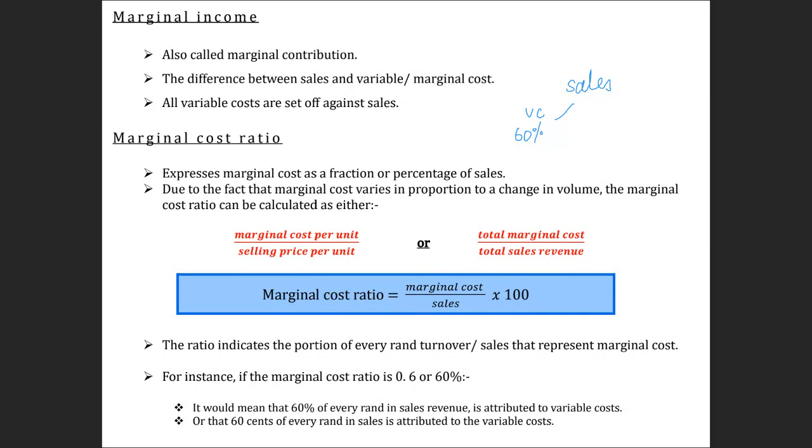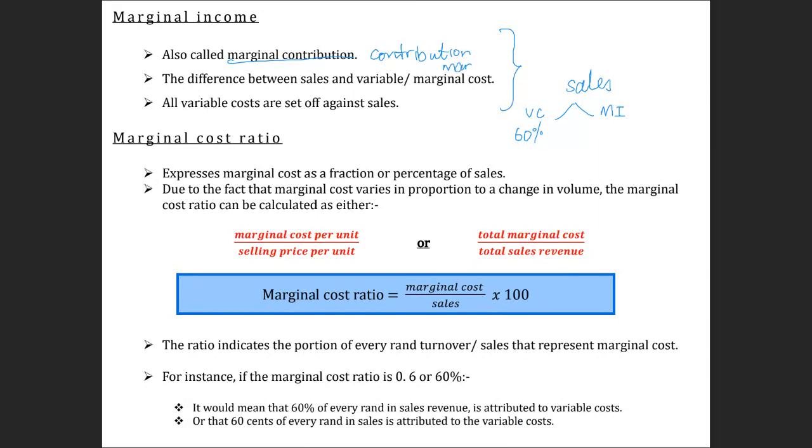Then on the other hand, whatever is not paid in the form of a variable cost is going to be the income that the business will make. So this is called the marginal income, which is a bit at the top here. So your marginal income is also called the marginal contribution, or it's also called the contribution margin. You'll see we'll look at this a lot later on and also in Finance 2B.